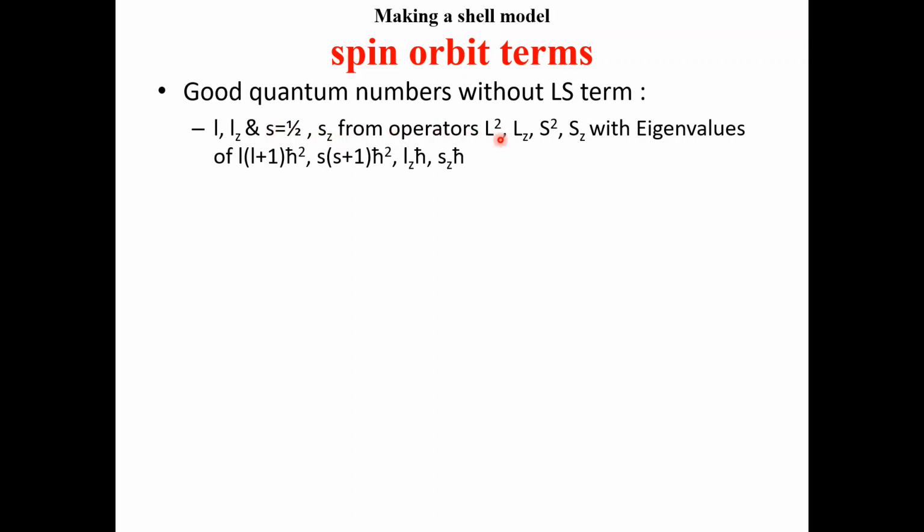From the operators L squared, Lz, S squared, and the z component of S, with eigenvalues: these are the eigenvalues for L and for the small s for the spin, and these are l into l plus 1 times h-bar squared, s into s plus 1 times h-bar squared, Lz is m h-bar, Sz is h-bar. So these are the angular momentum and spin quantum numbers.